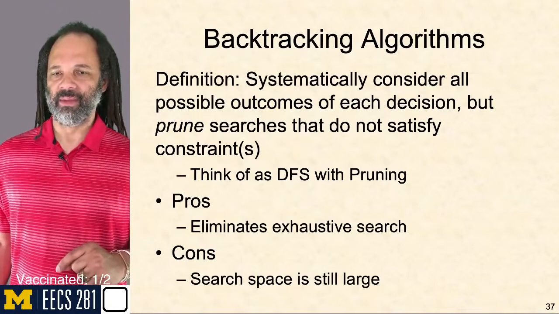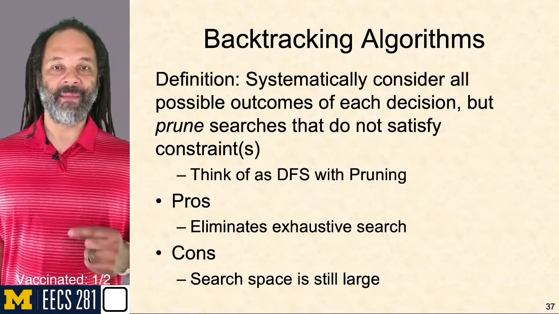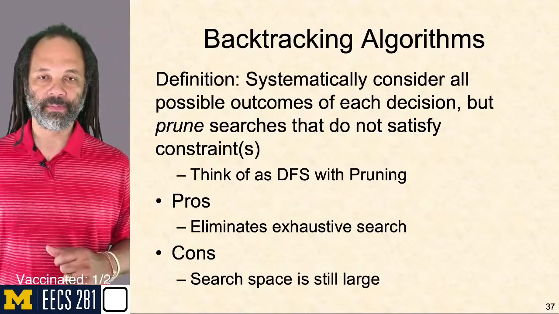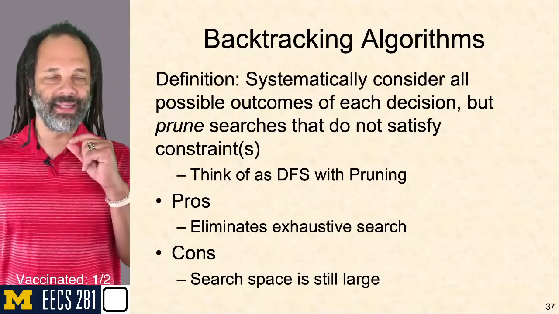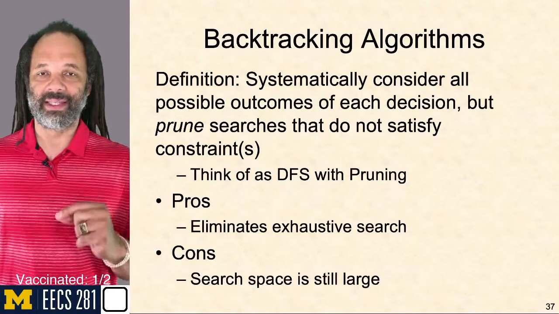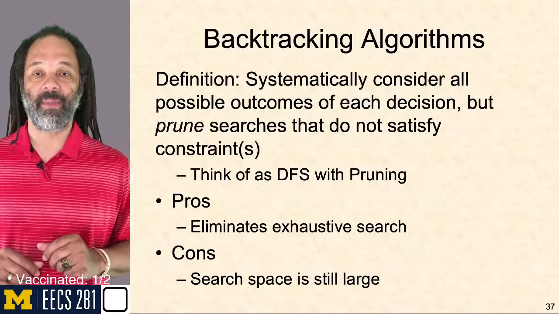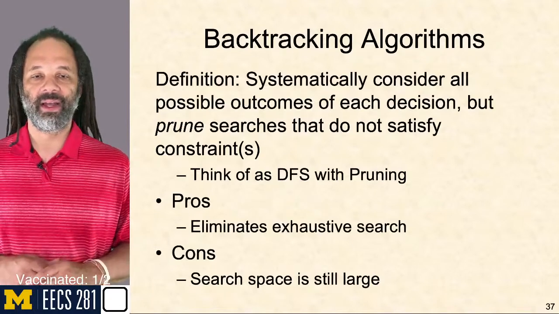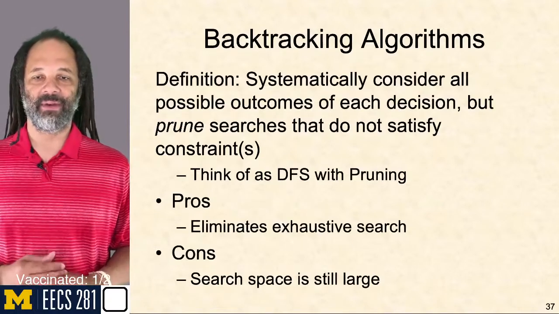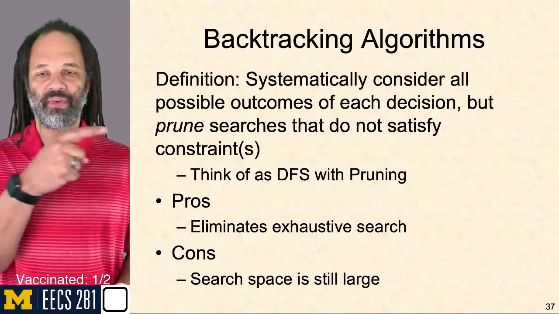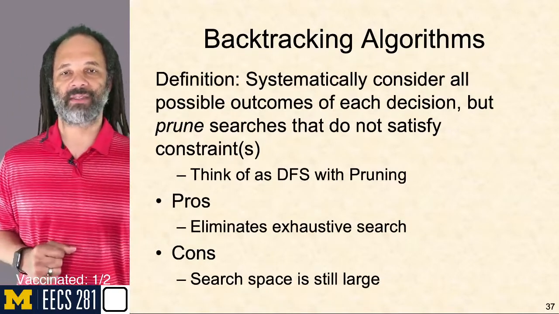Sounds like brute force. And in many ways, it is like brute force. It is asymptotically similar to brute force because we do have to systematically consider all possible outcomes. However, it's that but that makes a difference. But we can prune the searches that don't satisfy constraints.